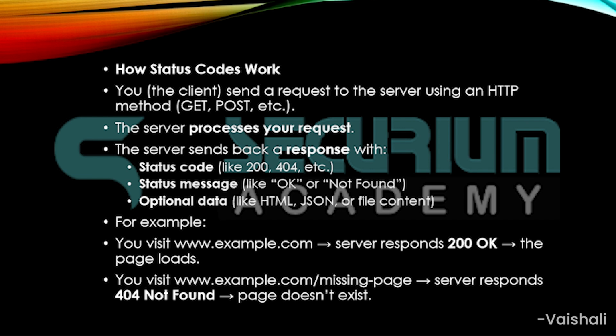For example, you visit a website and the server responds 200 OK, which means the page loads. And for example, you visit a missing page. The server responds 404 Not Found, which means the page doesn't exist.